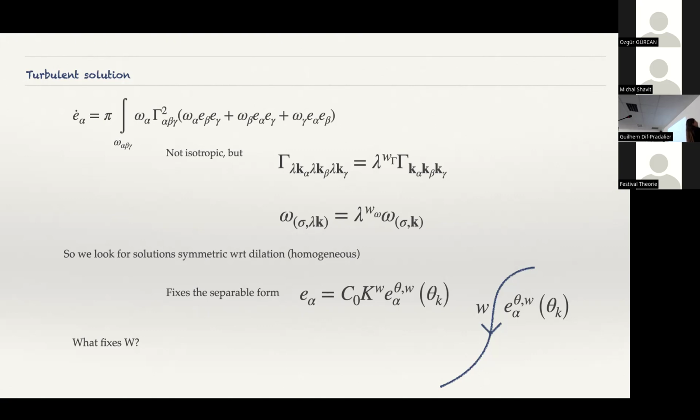And from there, it happens in a scale invariant way, where w is the power law of this cascade.